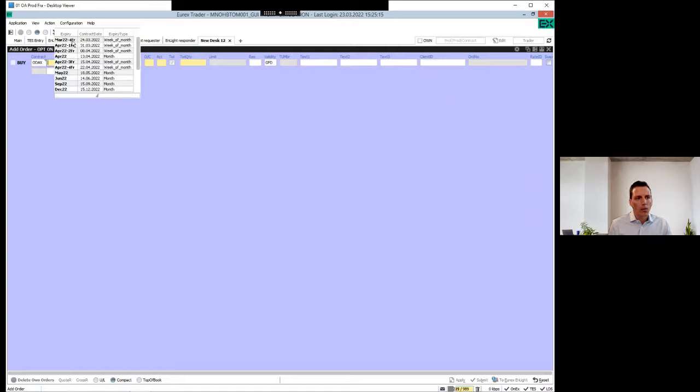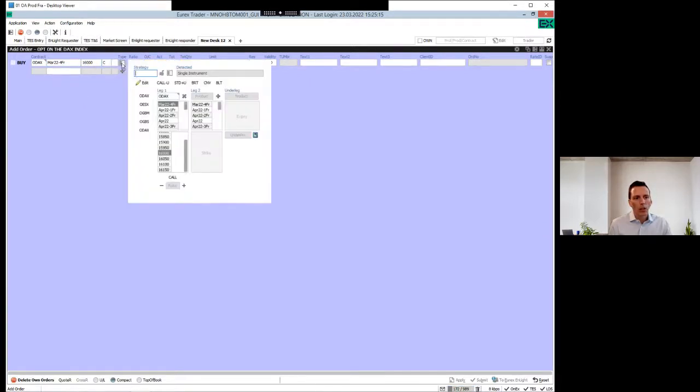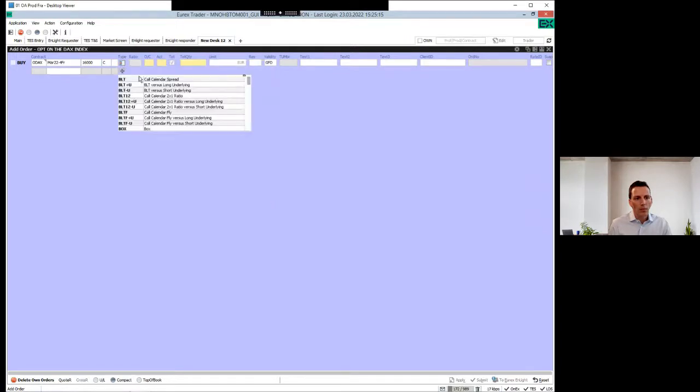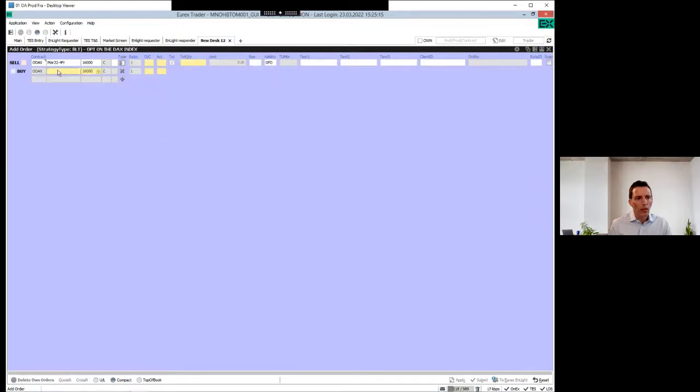So let's say you want to trade the 4th Friday of the March expiry. You select your strike, call or put, and now you can just add a leg, call calendar spread. You want to roll into the first week of April. As an example, it's an open trade.